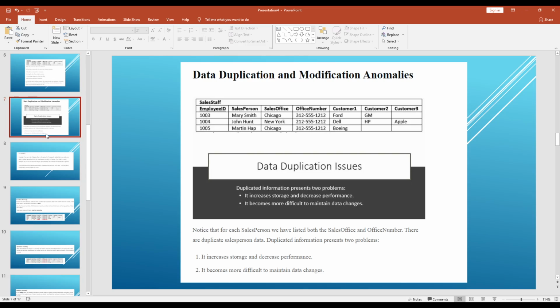Notice that for each salesperson, we have listed both the sales office and office number. They are duplicate salesperson data.